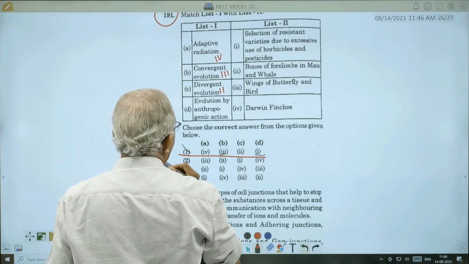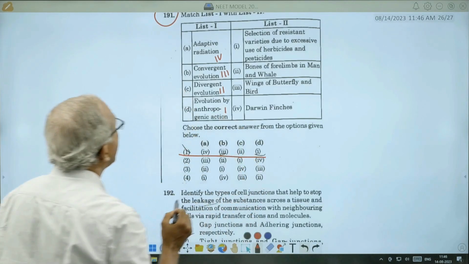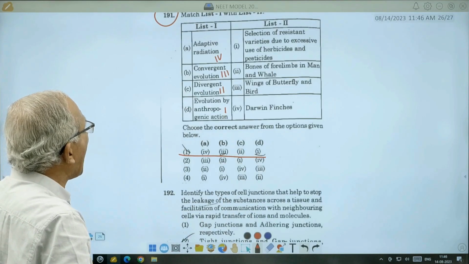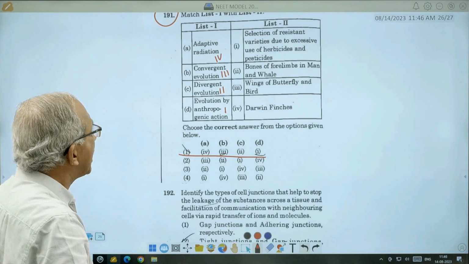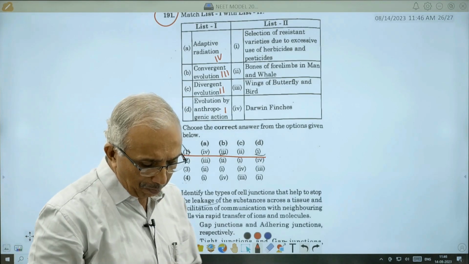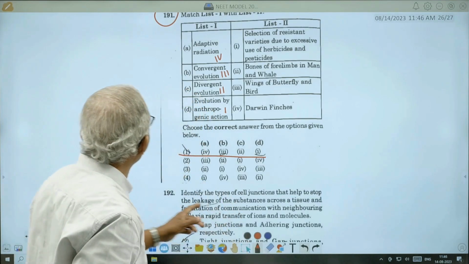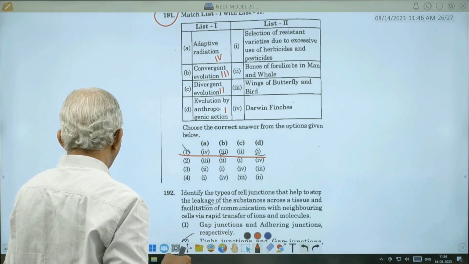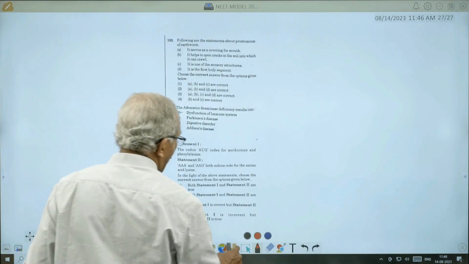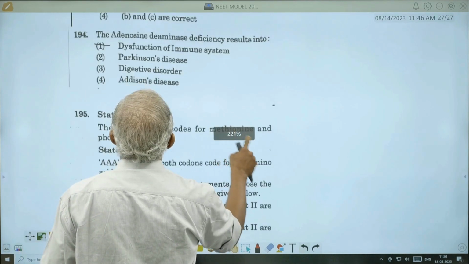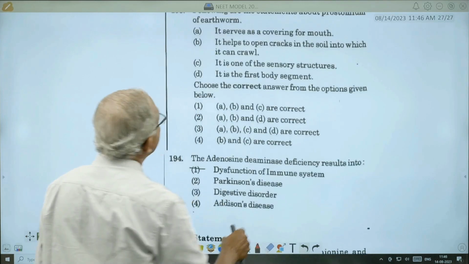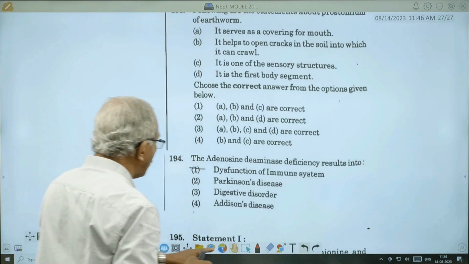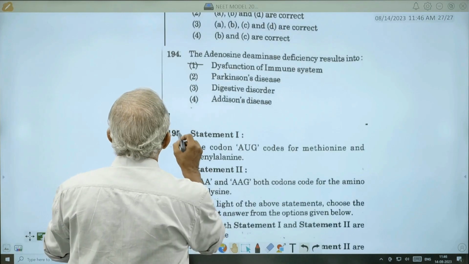Evolution by anthropogenic action: selection of resistant varieties due to excessive use of herbicides and pesticides. It is option 1. Then that is botany. It is 195.